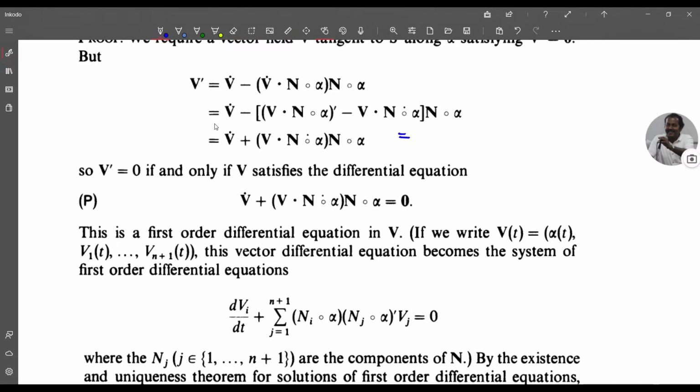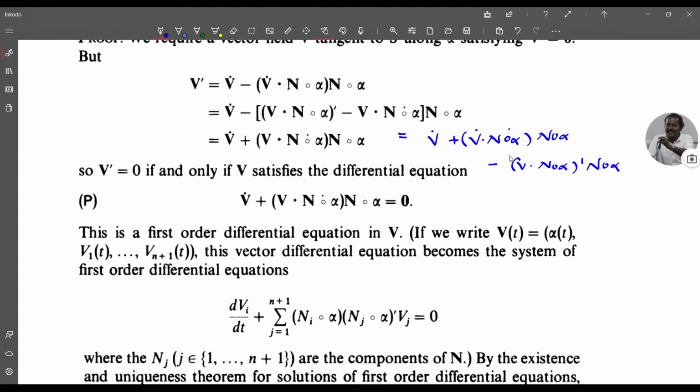This is equal to V dot plus (V dot n composition alpha dot) into n composition alpha minus (V dot n composition alpha) whole prime into n composition alpha.